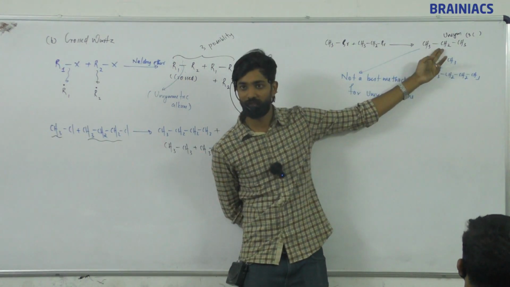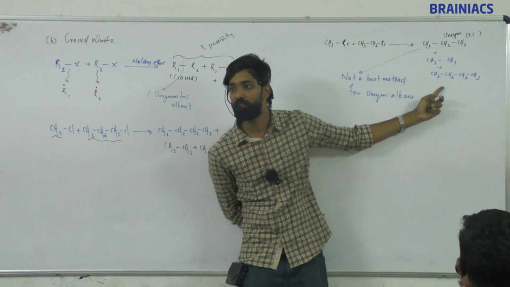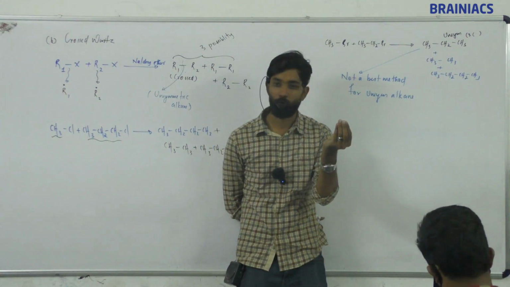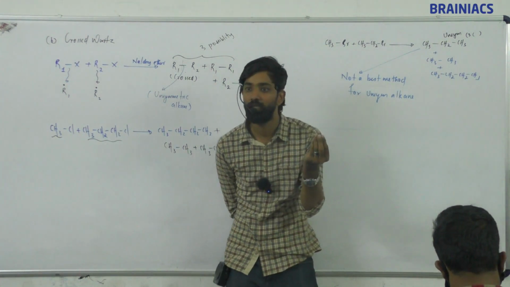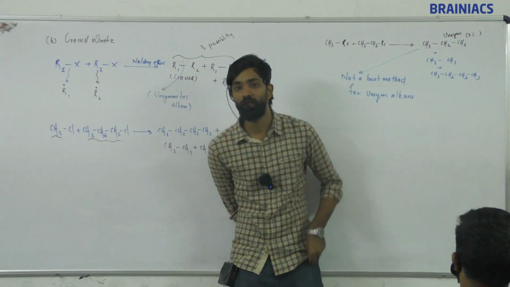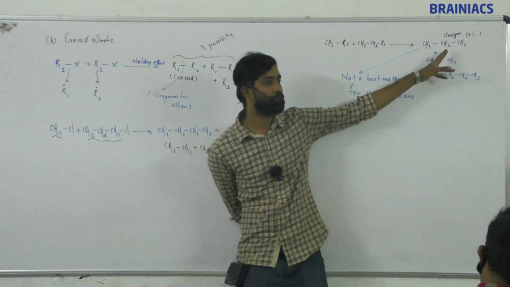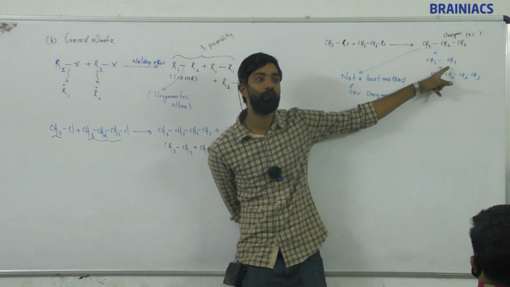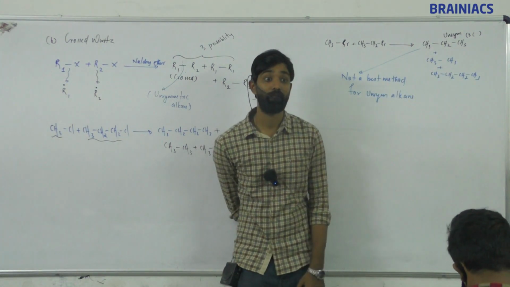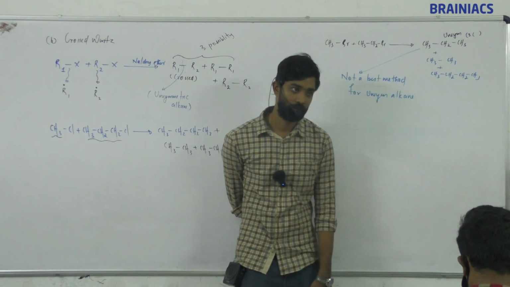This is propane. This is ethane, and butane. They are neighboring members, right? So they have small difference in their boiling point and melting point. So their separation is very difficult. It is very difficult to separate propane from ethane and butane. So this is not the best method for preparing unsymmetric alkane like propane.